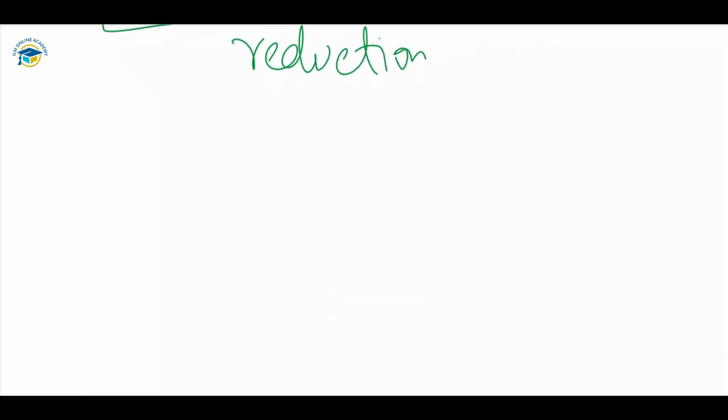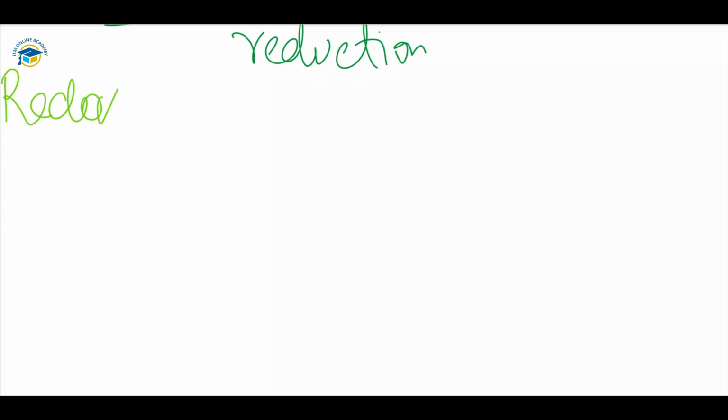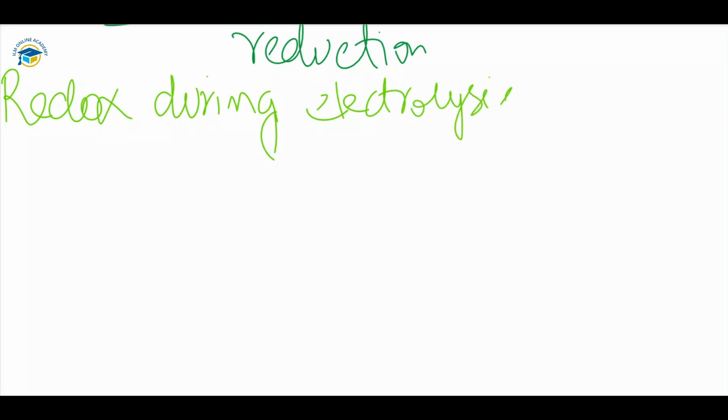So next, moving towards the oxidation and reduction reactions or redox reactions during electrolysis. We have read about the electrolysis and also the fuel cells in our video of chapter number 6, which is about electrochemistry. So we will take the example of that electrolysis and fuel cells of the redox reaction.